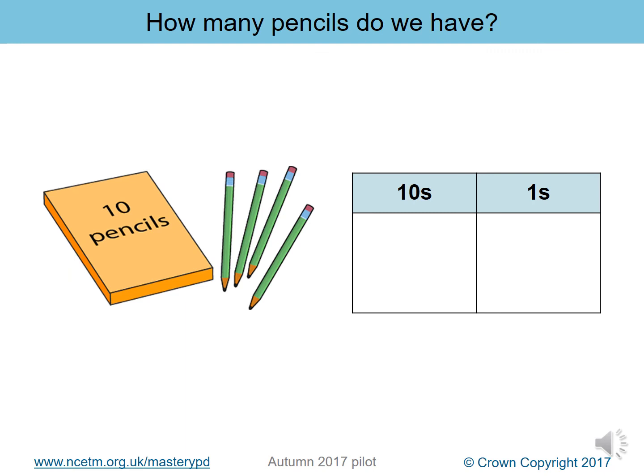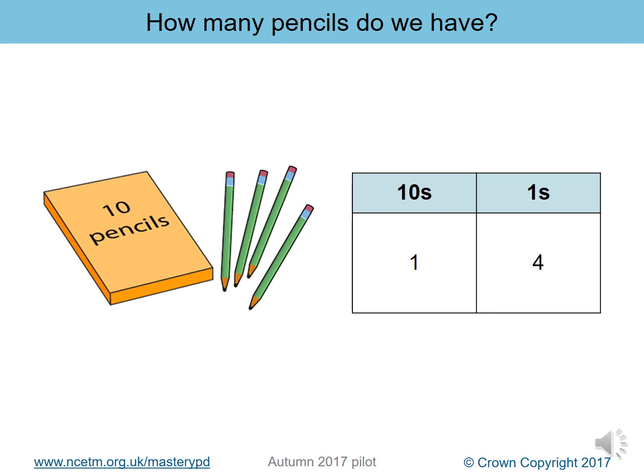What about now? How many pencils do I have? So how many 10s and how many 1s? So I've got one packet of 10 pencils. So I know I've got 1 10 and then I've got 4 pencils left on their own. So that means I've got 4 1s left over. So I would write that as 14.